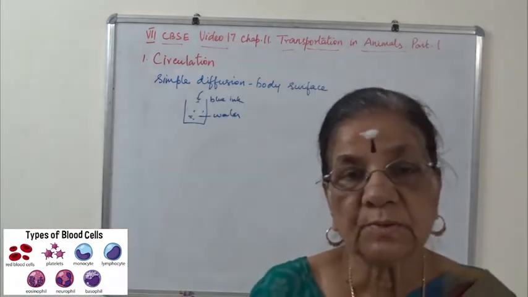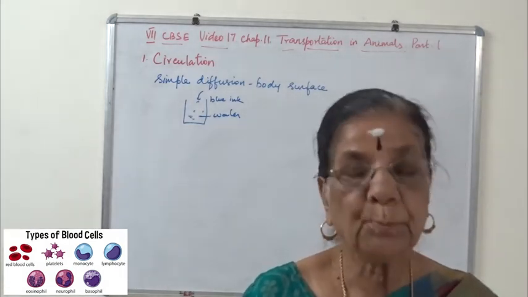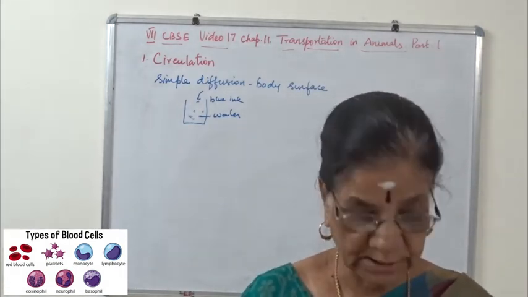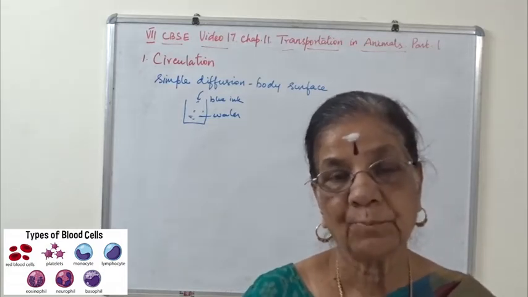We talked about unicellular organisms, is it not? Now, next higher than amoeba are simple multicellular organisms like sponges and hydra.